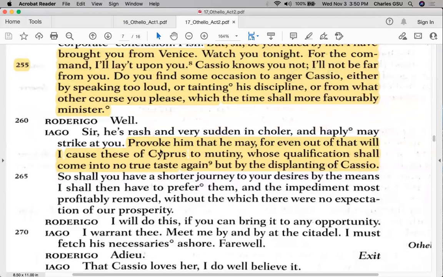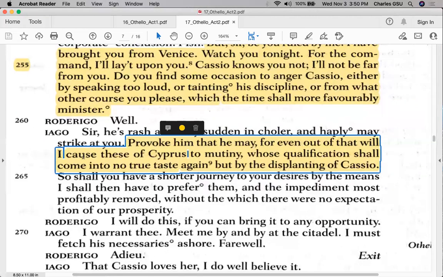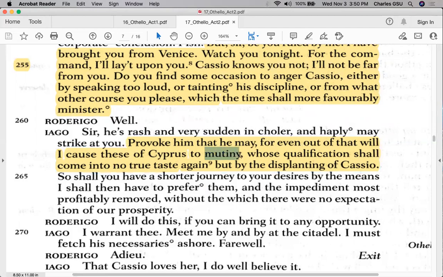He says quite clearly, "Provoke Cassio, that he may, for even out of that will I cause these of Cyprus to mutiny," which is an official military designation of when there's no law and order, and thus people can be murdered, and they're not following, in this case, the general's rules.